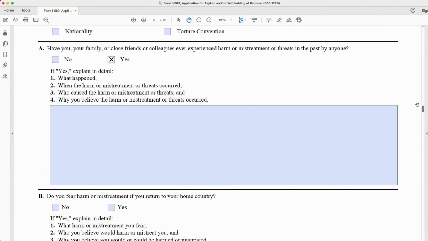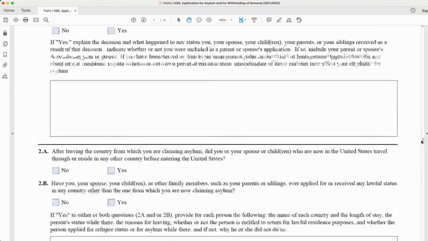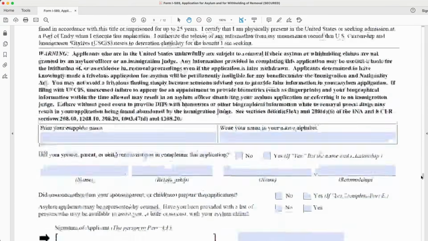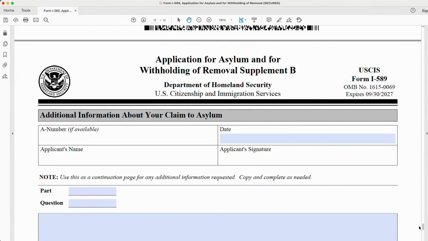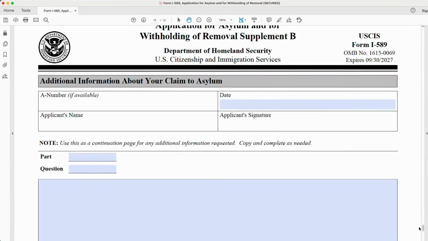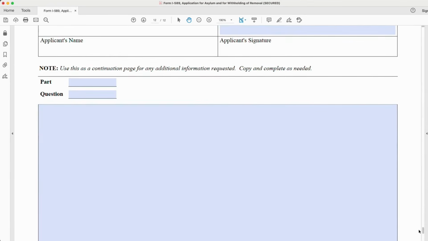But if you need more space for this or any other question, you can write more in this extra space on the last page of the application, called Supplement B. If you still need even more space, you can make more copies of this last page.